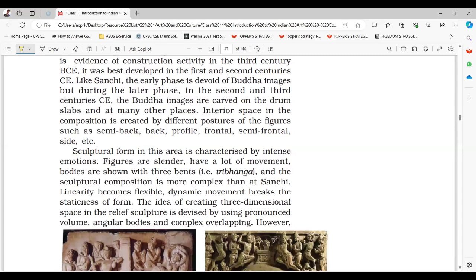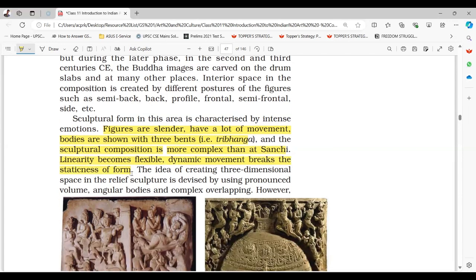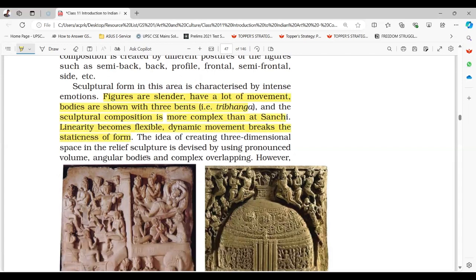Bodies are shown with three bends, that is Tribhanga, and the sculptural composition is more complex than at Sanchi. Linearity becomes flexible. Dynamic movement breaks the staticness of form. The idea of creating three-dimensional space in the relief sculpture is devised by using pronounced volume, angular bodies, and complex overlapping.